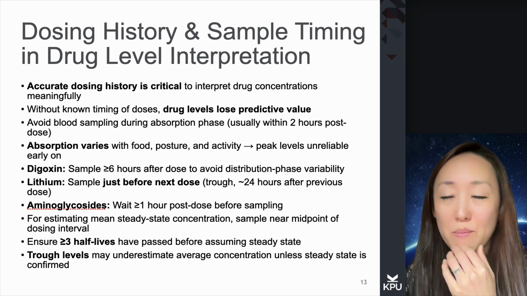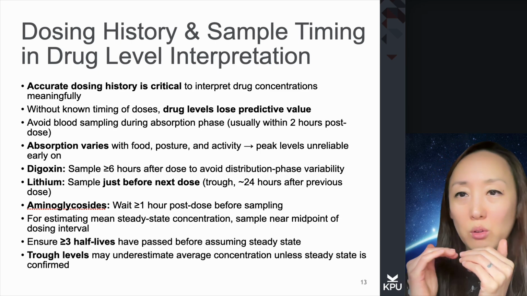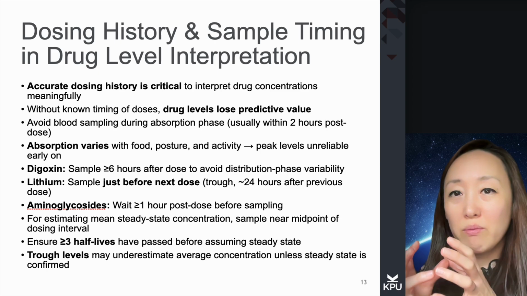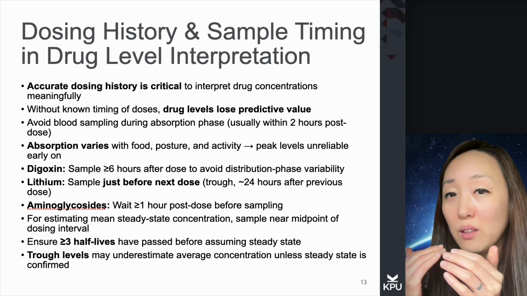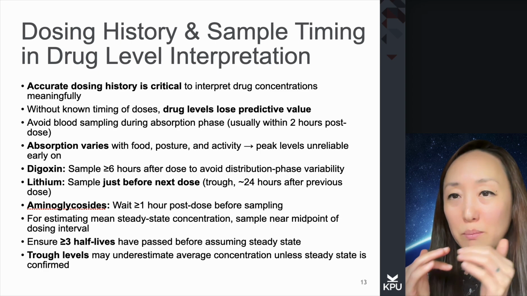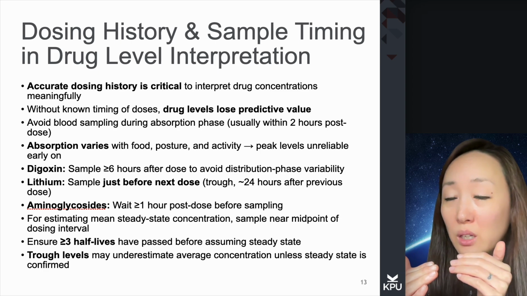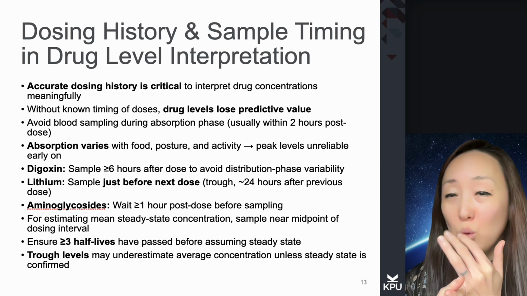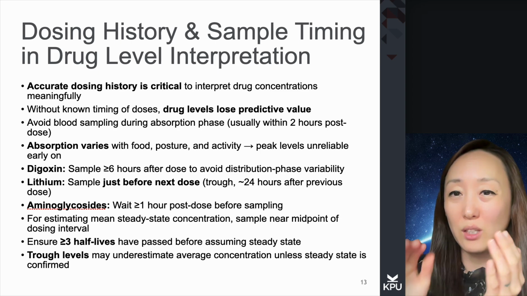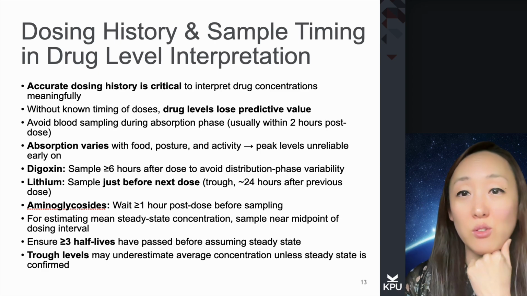Now, there's a bit of a myth buster. Many clinicians assume that the low levels are a better reflection of the drug's lowest and the safest point. But of course, the lows that are taken before the steady state or during the absorption tells us very little about clearance or about drug efficacy. And so that's why trying to get to that midpoint is the sweet spot, so to speak.